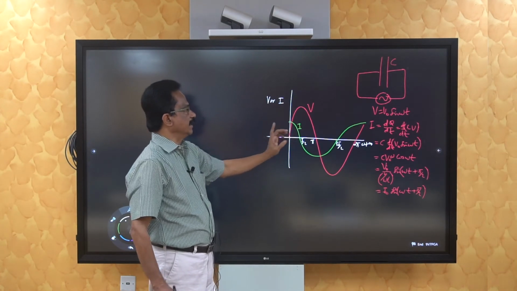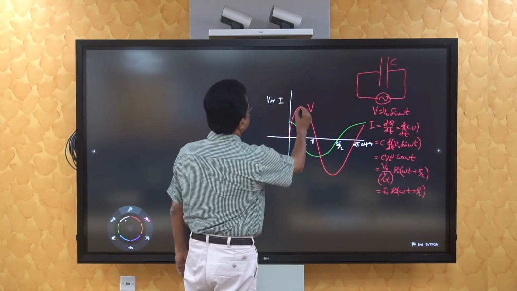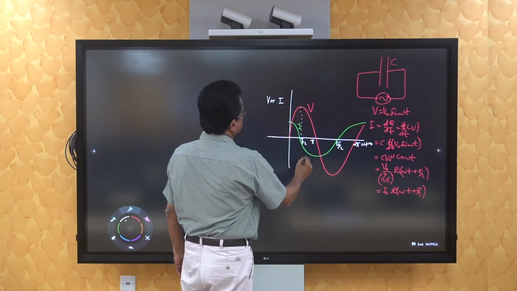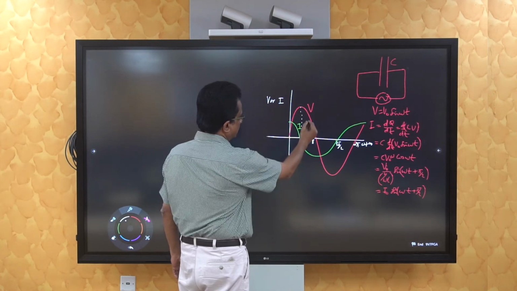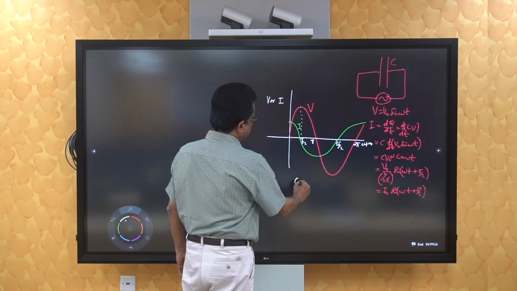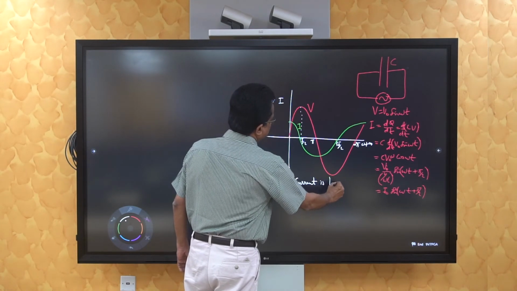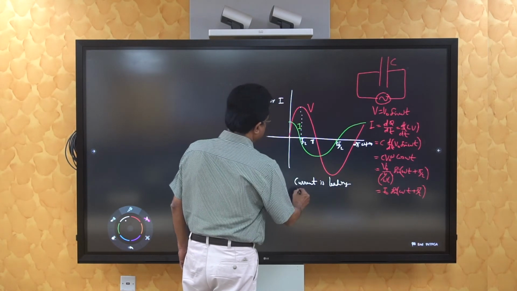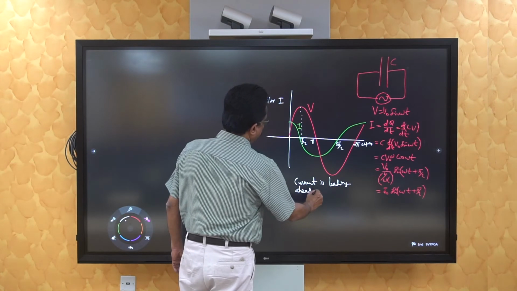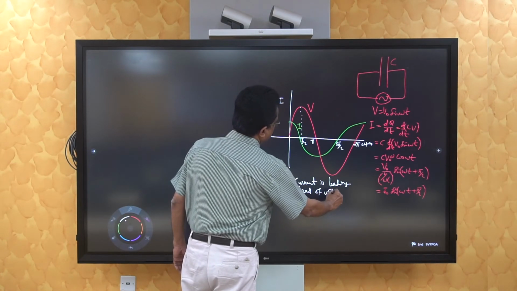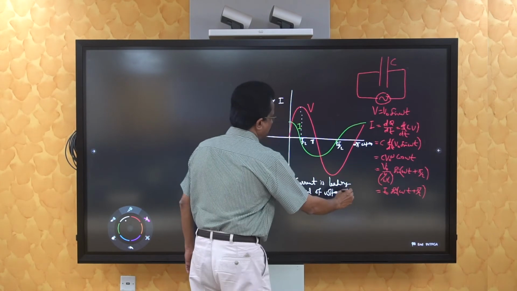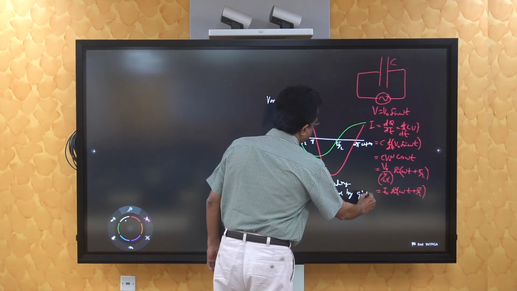Therefore current is leading. The angle is pi by 2. So current is leading ahead of voltage by 90 degree or pi by 2 radian.